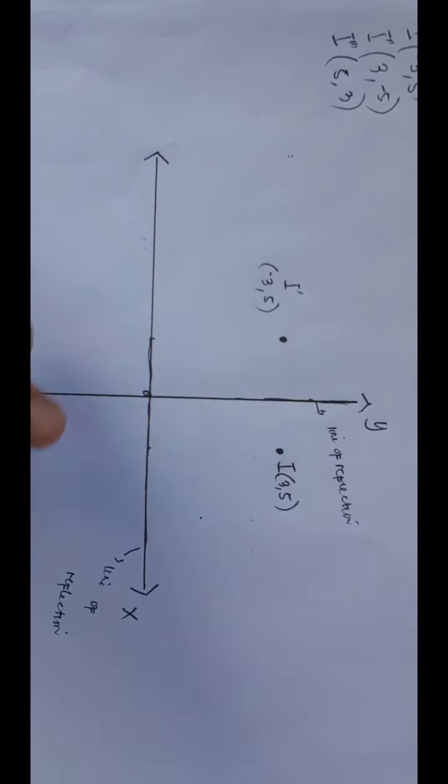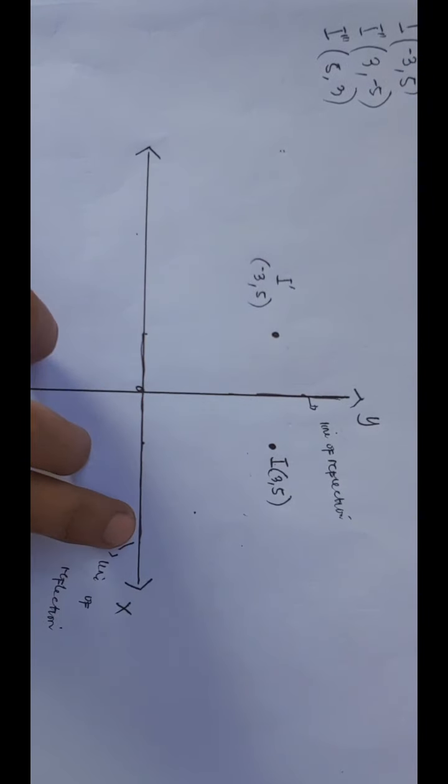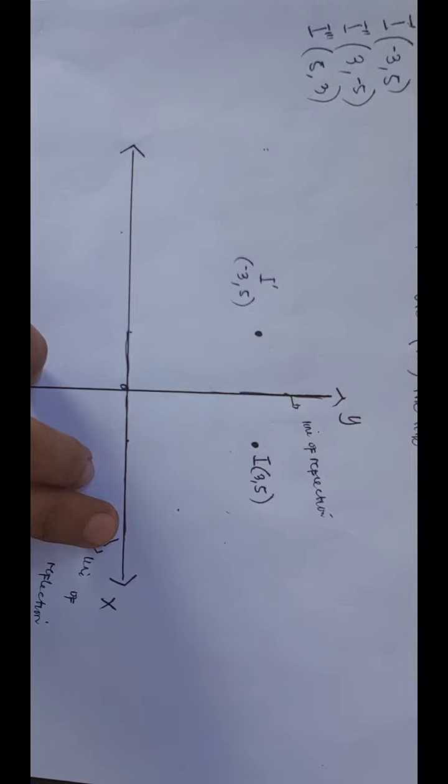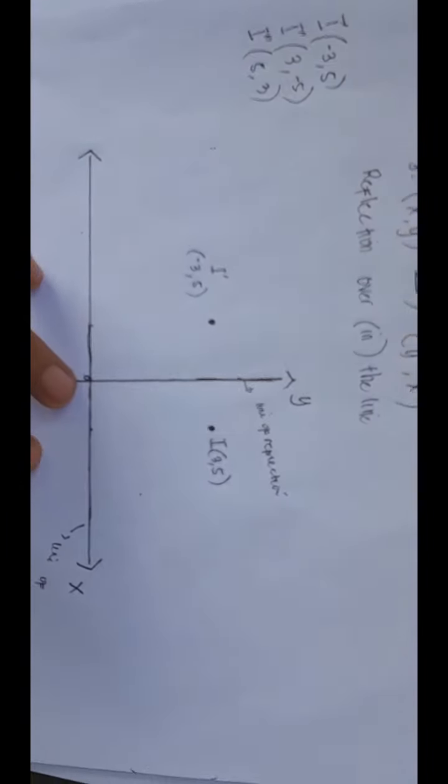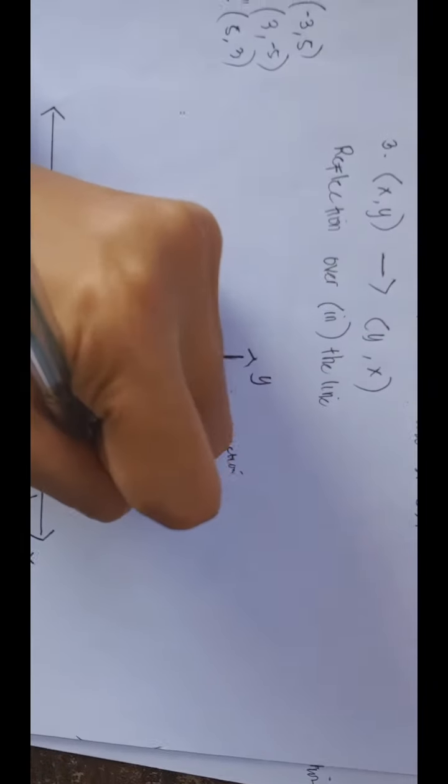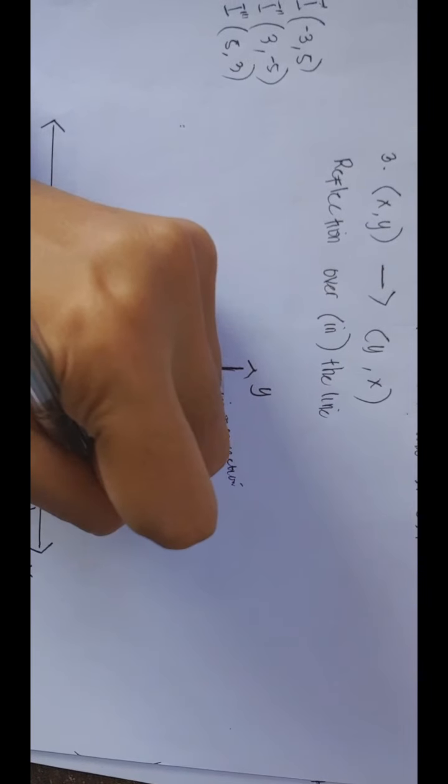Now we need to plot it here, (5, 3). Let's say that (5, 3) is located here.